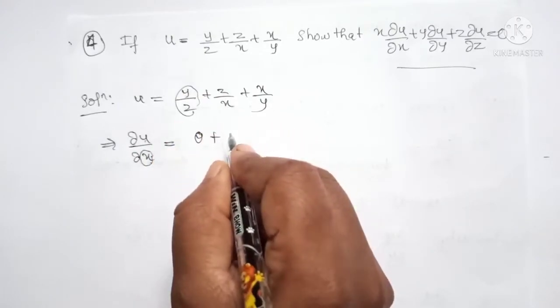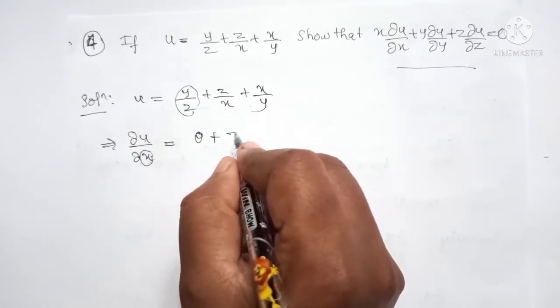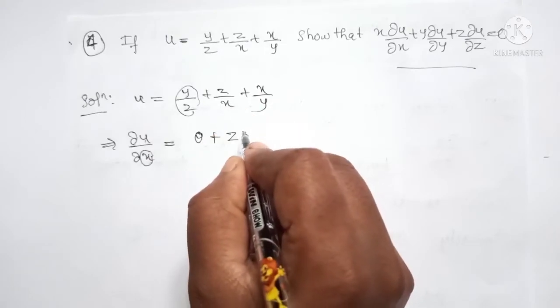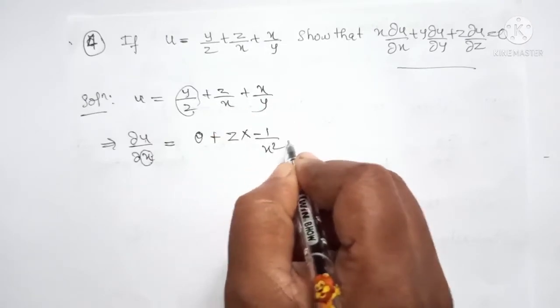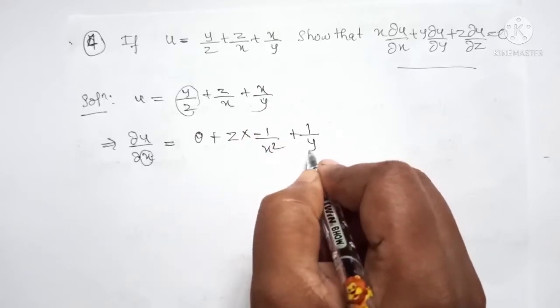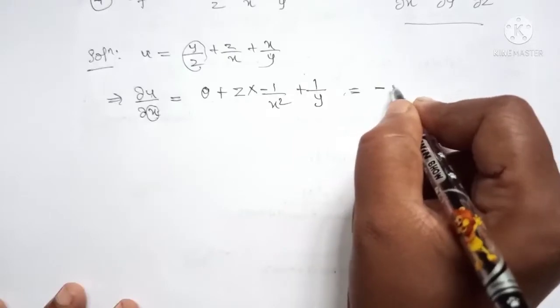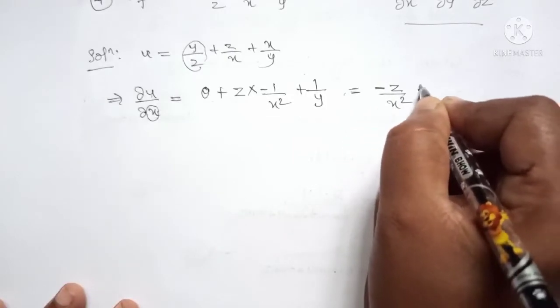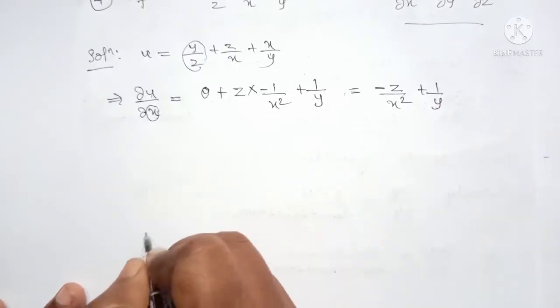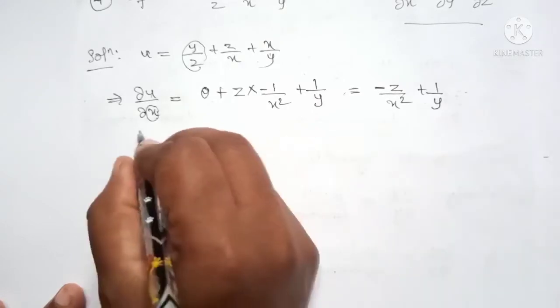Again z by x: z is taken outside, and the differentiation of 1 by x is minus 1 by x². Plus in this term, 1 by y is taken outside, and the differentiation of x is 1. Thus it is equal to minus z by x² plus 1 by y. So this is the ∂u/∂x value.